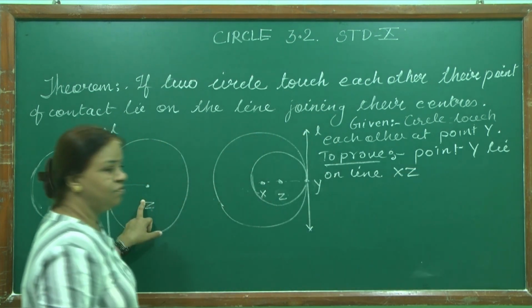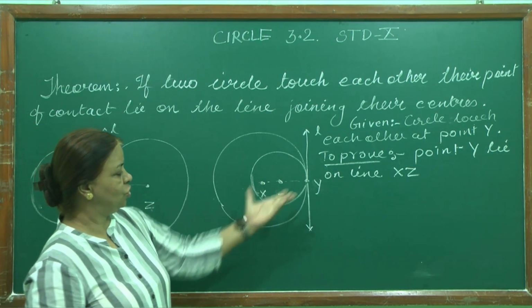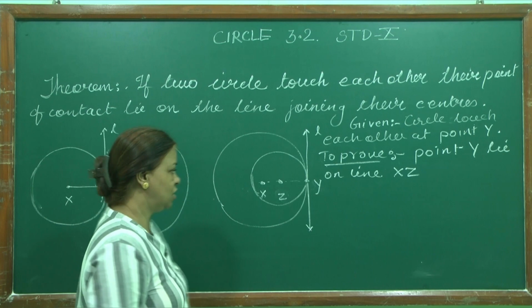XZ is the line which joins both the centers. Let us begin the solution.